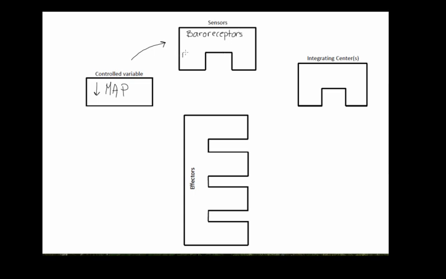We have them in our kidney, and we also have them in our aortic arch and carotid artery, so that we have sensors close to our heart-brain loop, because as we know, it's really important to maintain adequate blood delivery to our heart and our brain, which are tissues that can't afford to be without any oxygen for any length of time because they can't replace themselves.